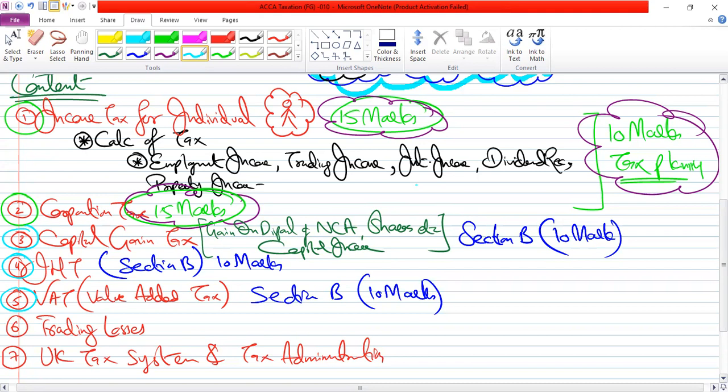MTQs can also be from any area of the syllabus. But the blue color is the experience that usually the examiner asks inheritance tax, VAT and capital gains tax in section B, though this is not a guarantee. But 1 and 2 is guaranteed by the examiner: section C, 40 marks, will be examined from income tax for individuals and corporation tax, inclusive of tax planning. That is your syllabus. Any problem?